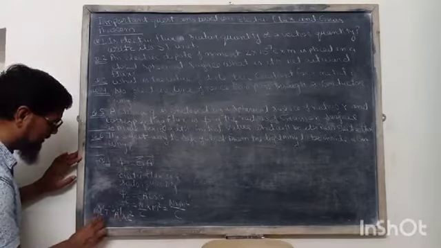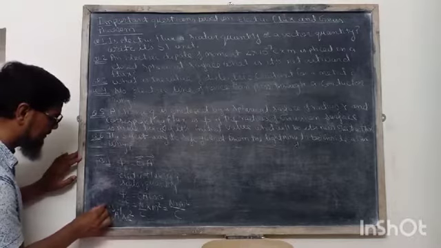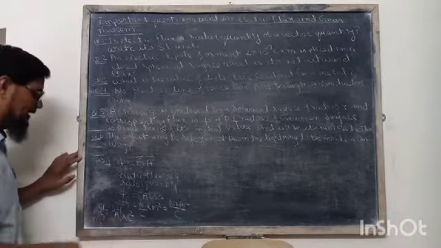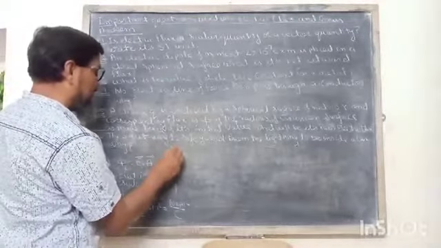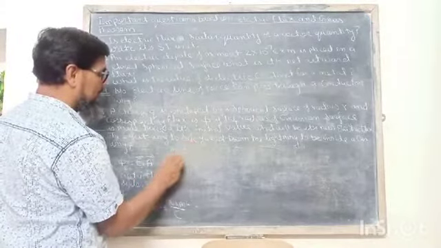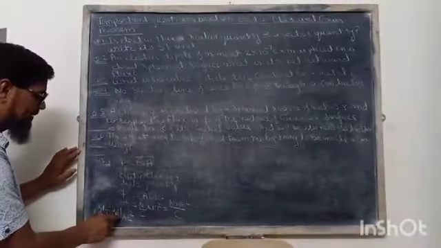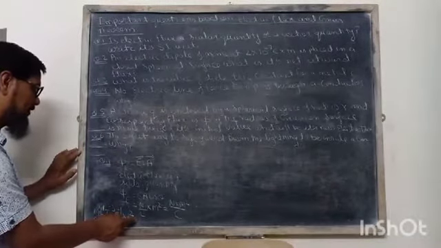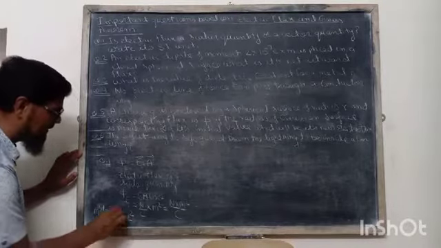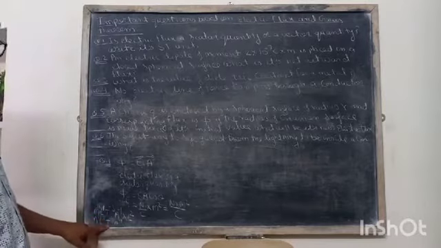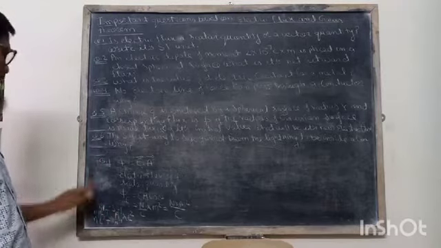So electric flux is force, M1 L1 T minus 2, upon L1 T1 electric field, M1 L1 T minus 3 A minus 1, multiplied by L2. So M1 L3 T minus 3 A minus 1 will be the dimensional equation of electric flux. So this is the answer of the first question.